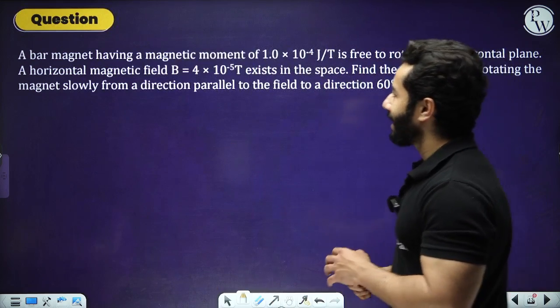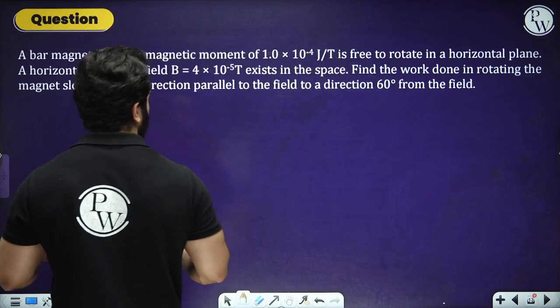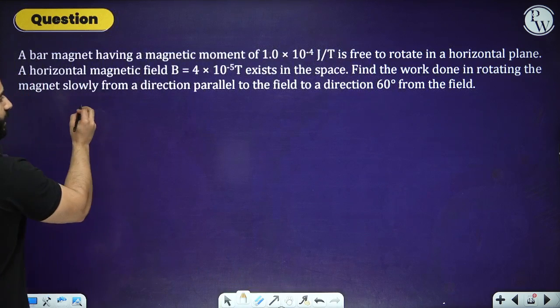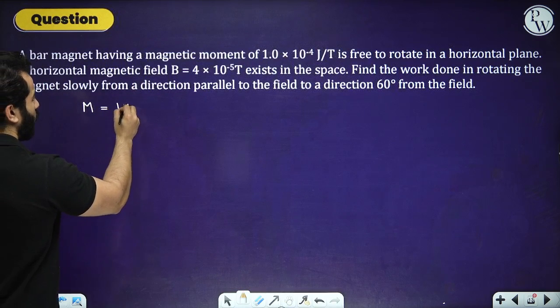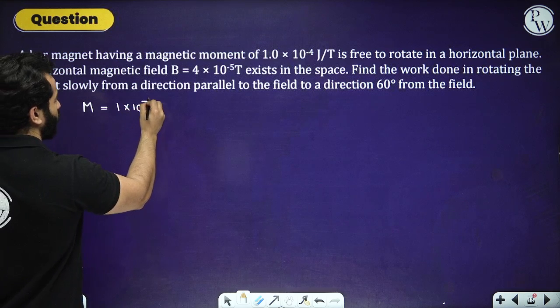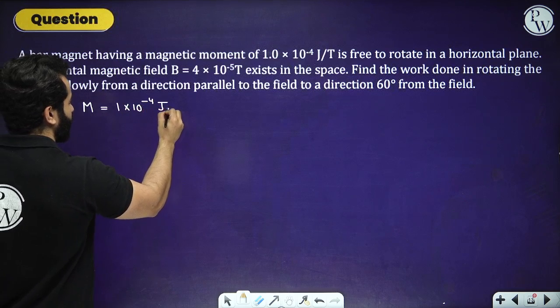We have a bar magnet whose magnetic moment is given as, whenever they say magnetic moment, it means capital M, 1 into 10 to the power minus 4 joule per Tesla. What type of unit are they talking about?